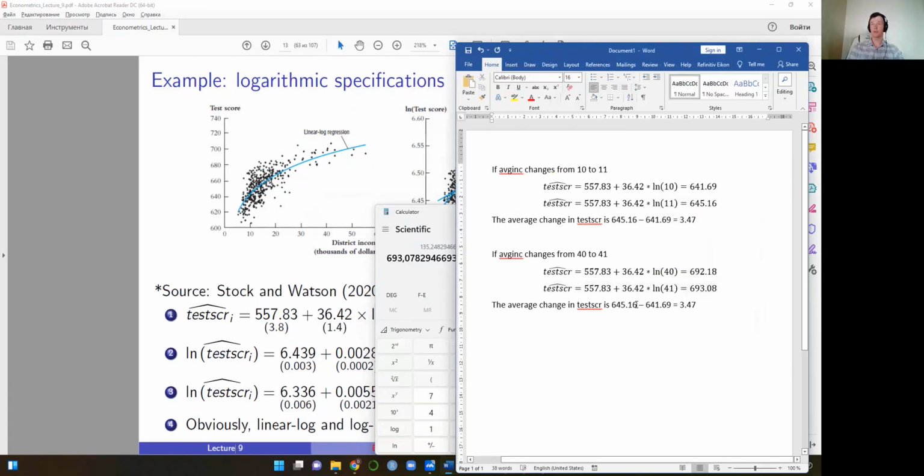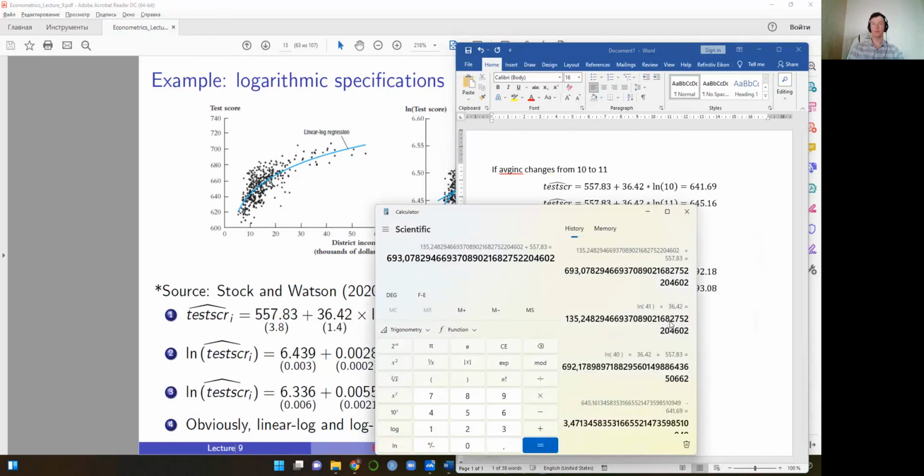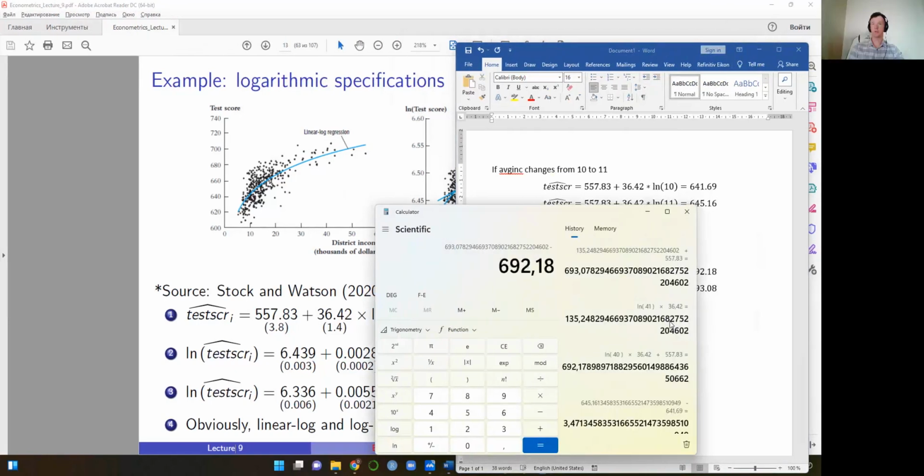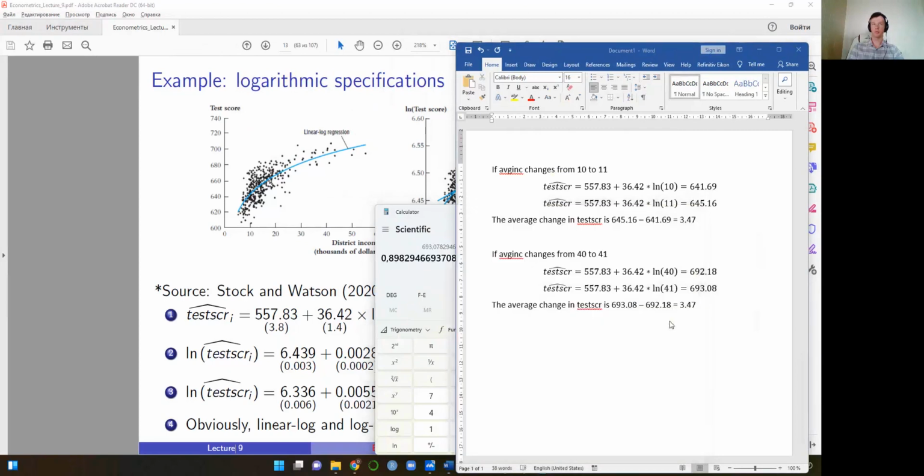So the average change in the test score is going to be 693.08 minus 692.18, so 0.9.